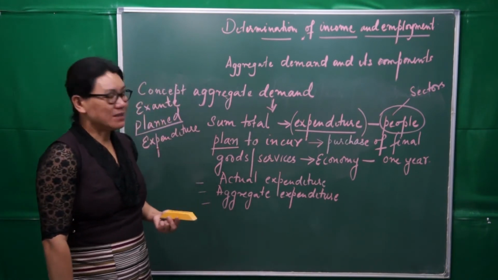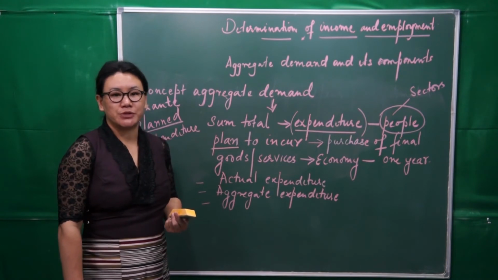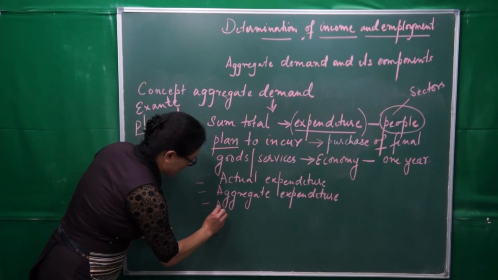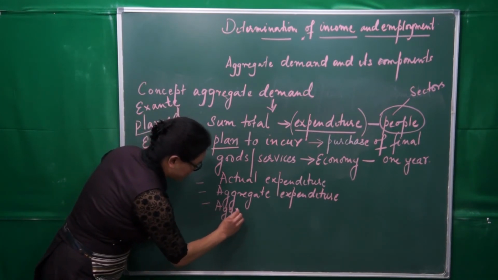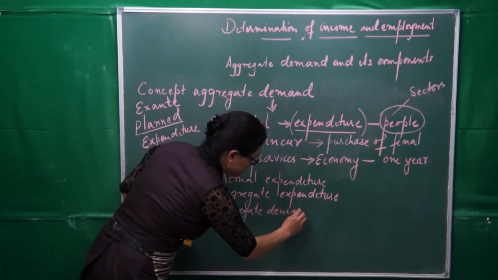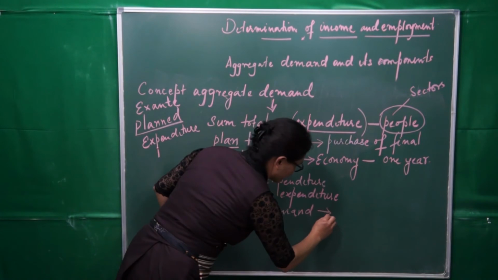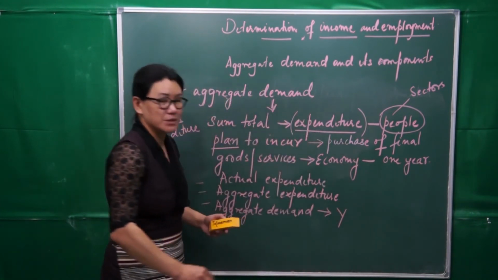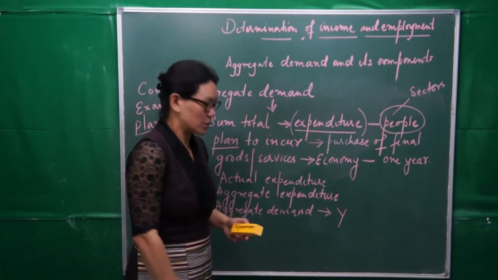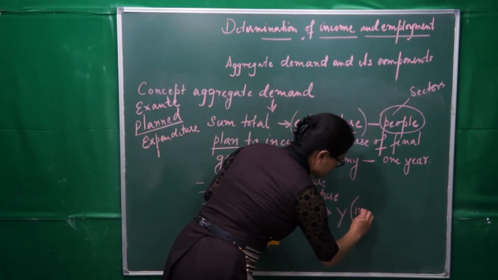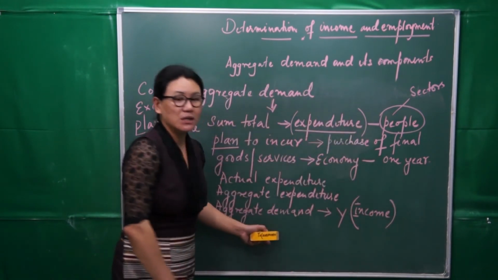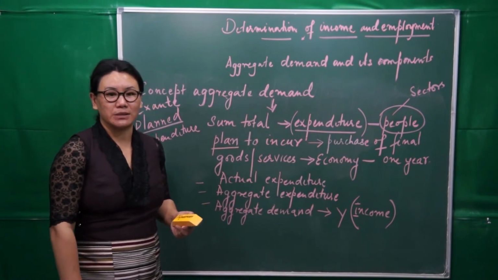But in this chapter, we have to study aggregate demand in relation to income.